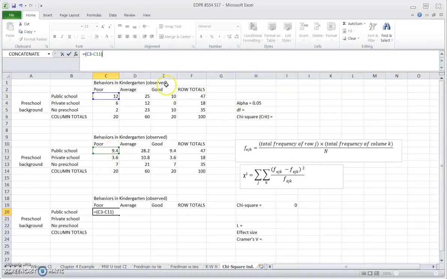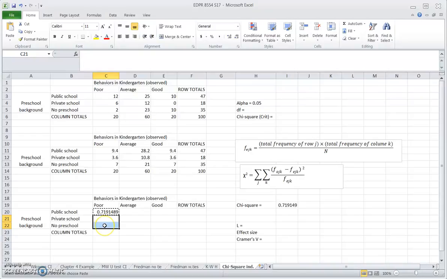Since I have to square it, I multiply the difference by itself and divide by the expected frequency of that cell. I repeat the same process for the other cells; you can simply copy and paste. Those are the individual divisions for each of the 9 cells.